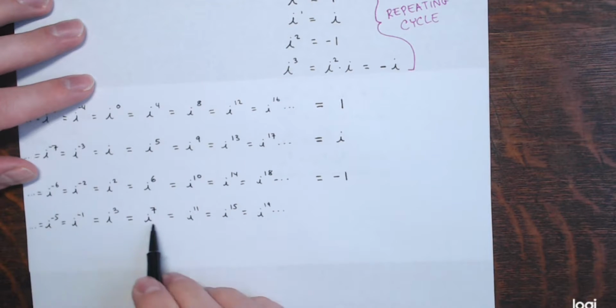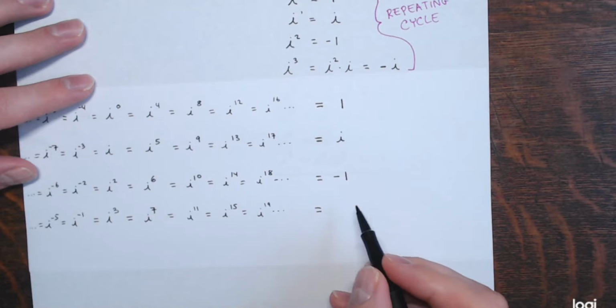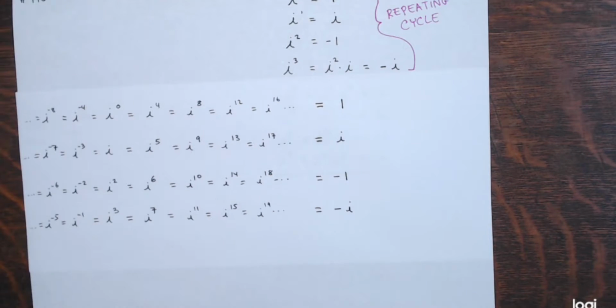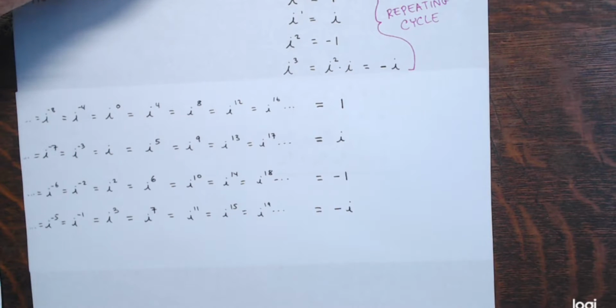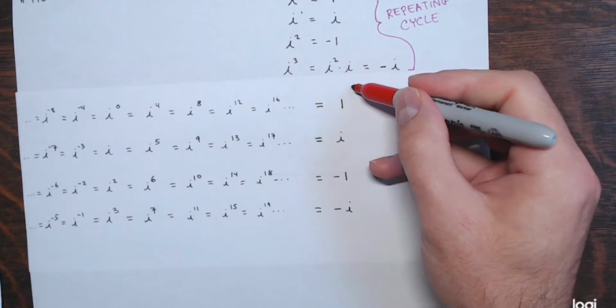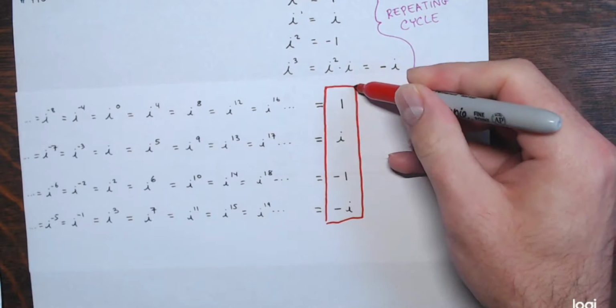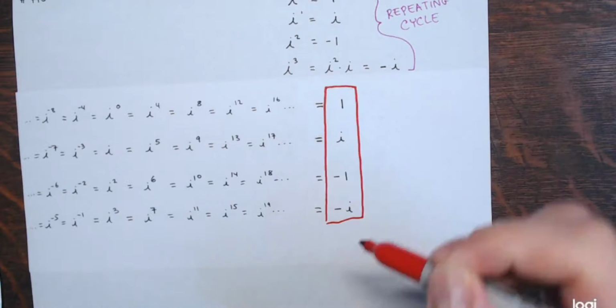All these powers of i are equal to -i. But like I said, these 4 results are the only 4 results you get when you raise i to an integer power. You're either going to get 1, i, -1, or -i.